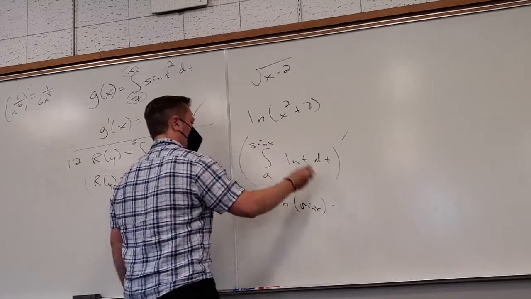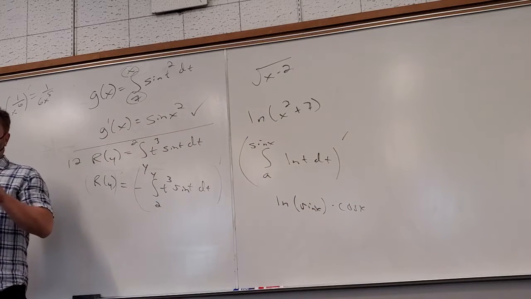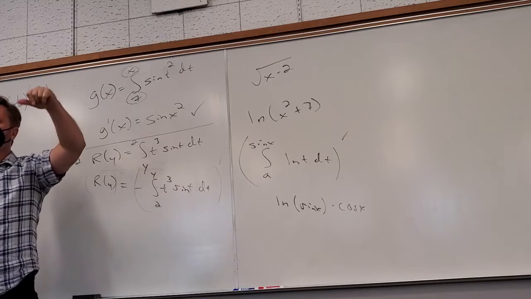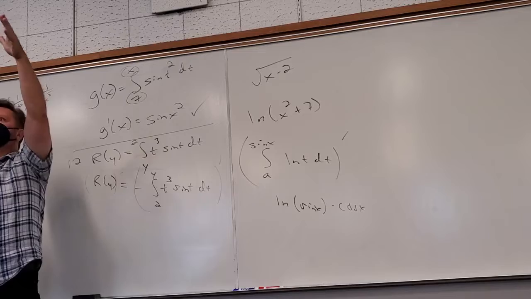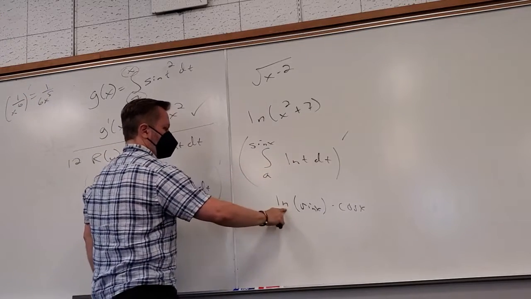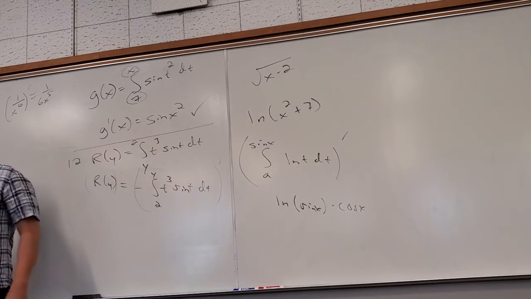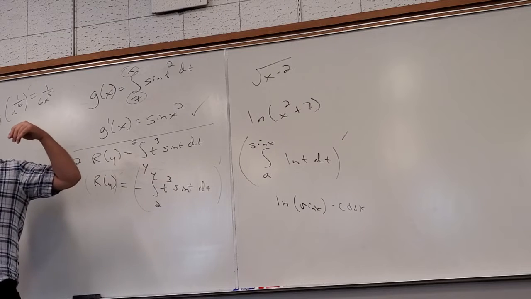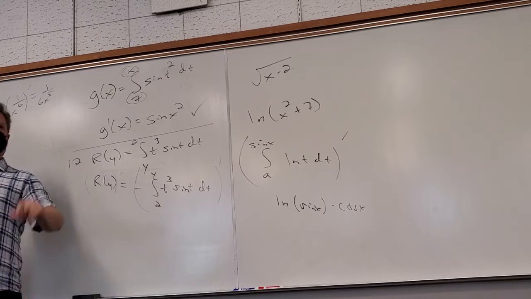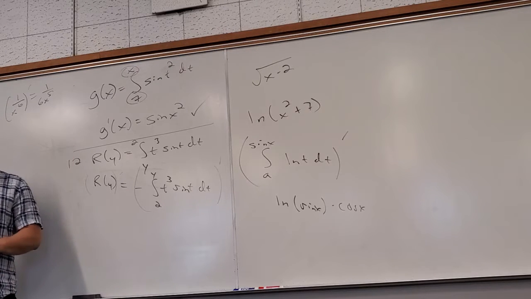So it'd be times cosine x. All right, so effectively, that's really nice. It doesn't change the function itself. You just have to be careful about when it is chain rule. But effectively, this doesn't change, because this and this kill each other. Because what's another name for the integral? Antiderivative. So of course derivative and antiderivative kill each other. All right, I like it.